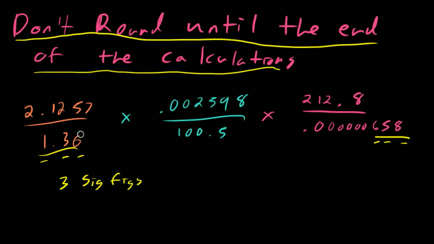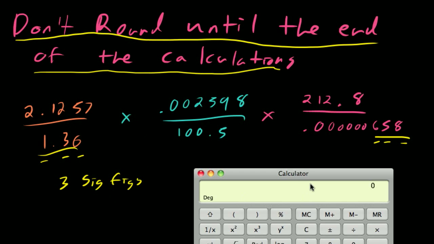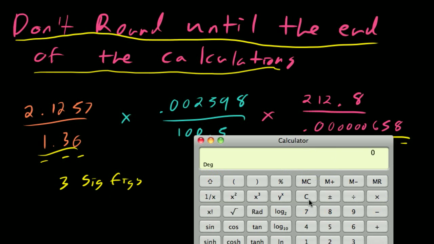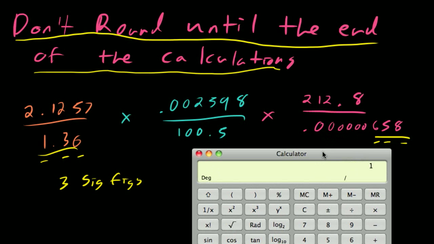So let's just go ahead and do this operation now and figure out what our right answer is. So let's go ahead and clear this out, and we have 2.1257 divided by 1.36 multiplied by 0.002598 divided by 100.5 multiplied by 212.8 and then divided by 0.000000.